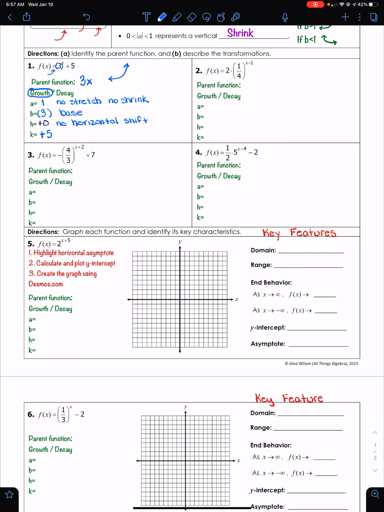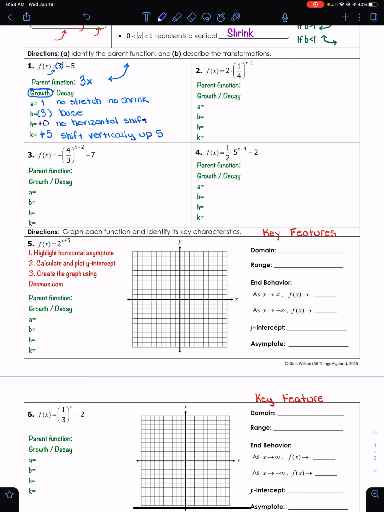It's positive 5, so it will shift vertically 5 units. So that is what we are doing on these. We are describing what those transformations are.